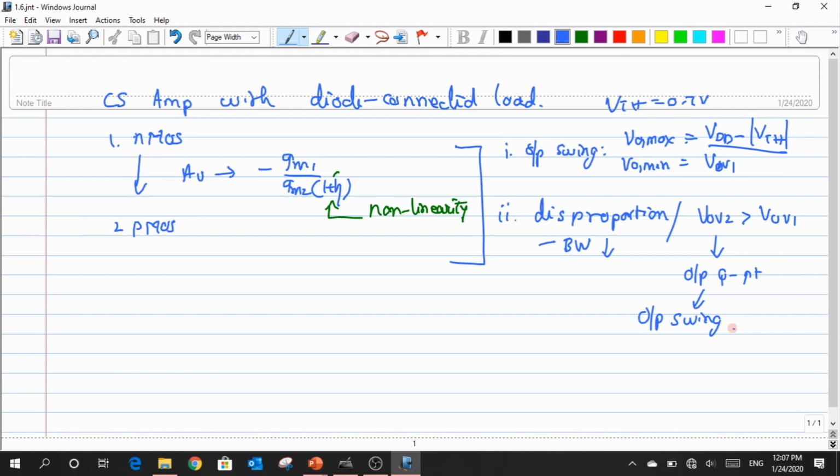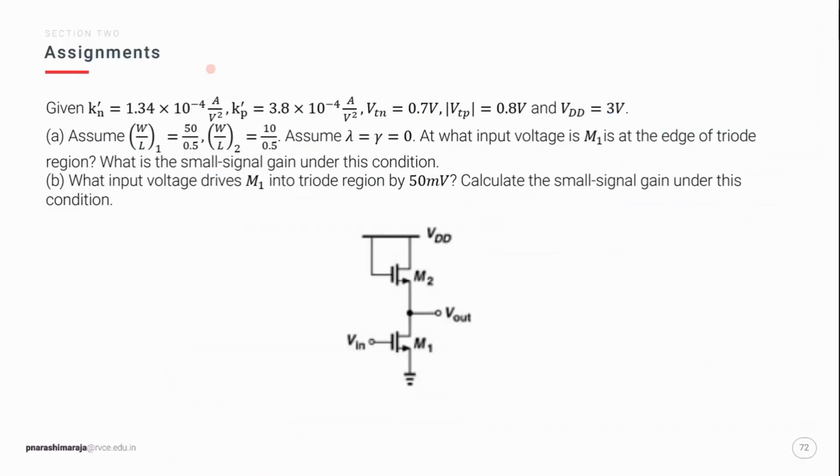And now I just want to show one exercise problem. So you can just make a note of this exercise problem and work on it. Just make a note of this problem. We will not do it right now just because we are lagging too much when compared to the other 2 sections, or the 3 sections.